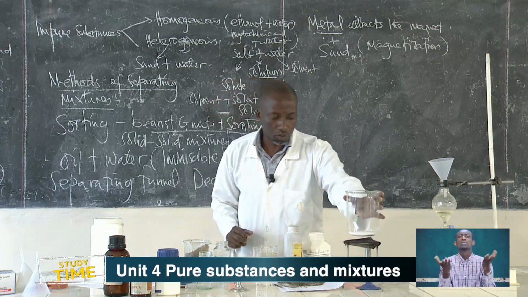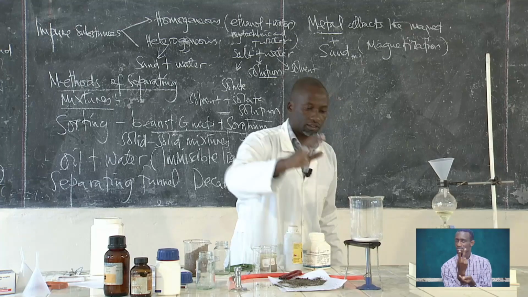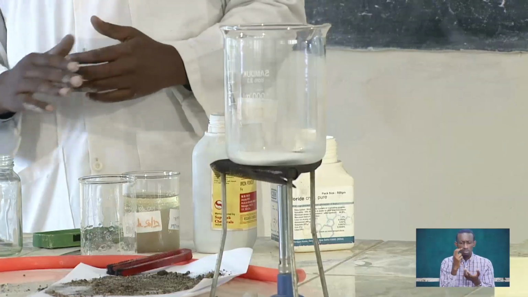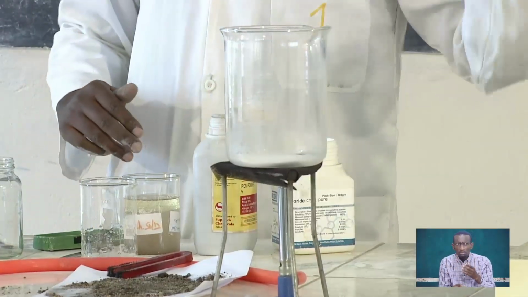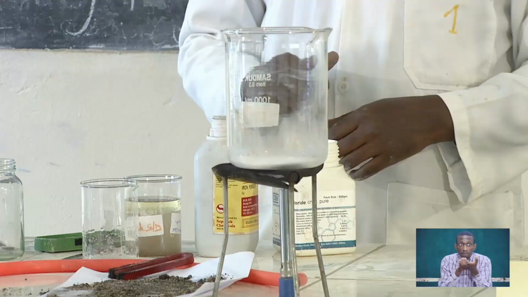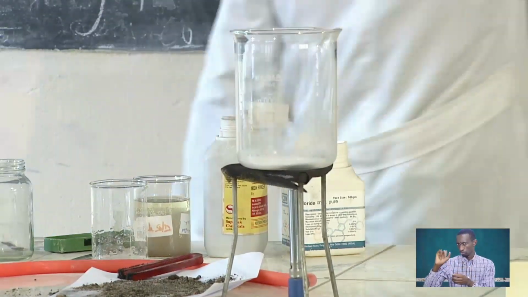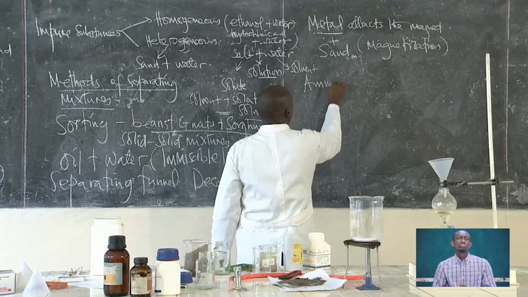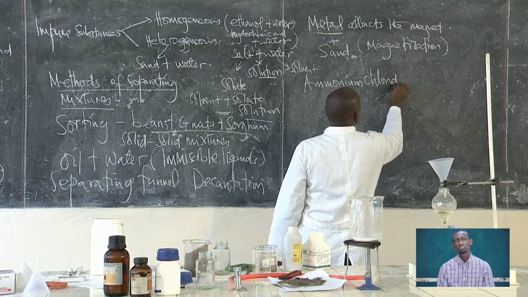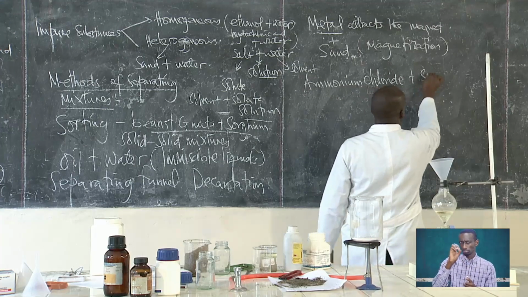We are just going to heat these two mixtures. So you have to observe what is happening. This is a source of heat. So we are heating the mixture of ammonium chloride and sodium chloride.